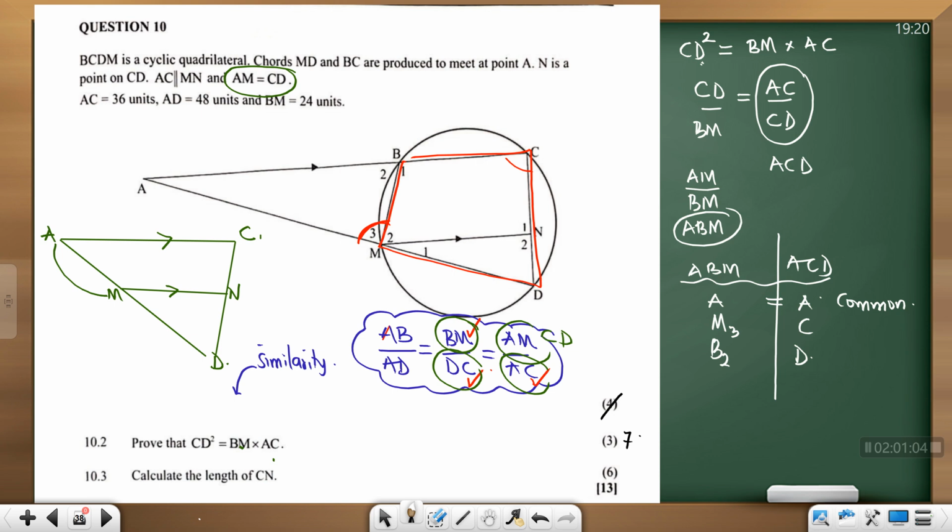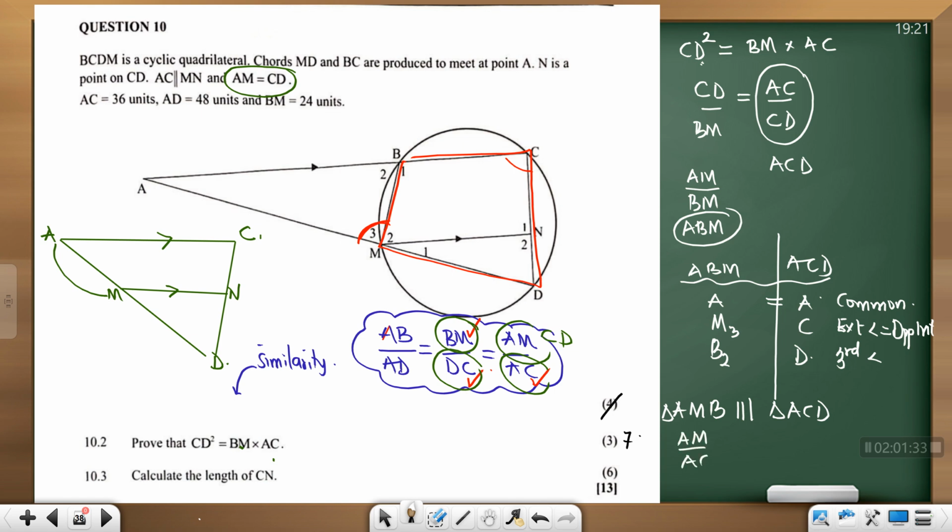Common. M3 is equal to C. What is that? Exterior angle of a cyclic quadrilateral equals the opposite interior. What about this one? Third angle. Oh, AMB is similar to triangle what? ACD.